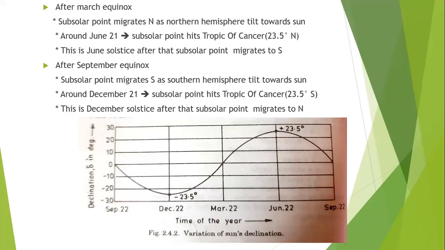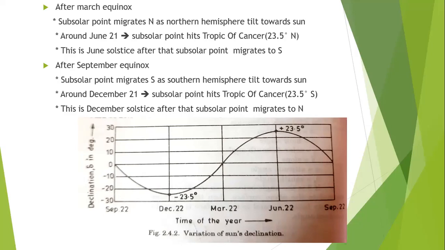After that, the subsolar point will be migrating to the south, after the September equinox, as the southern hemisphere will be tilting towards the sun.